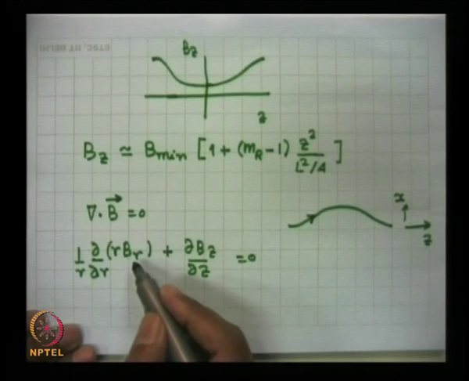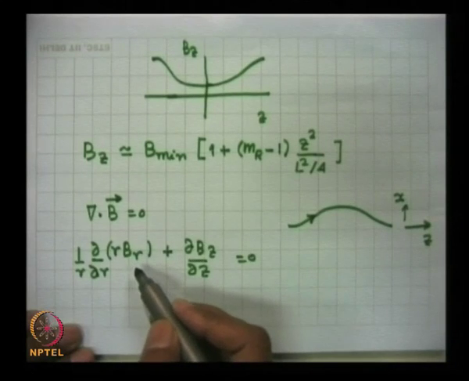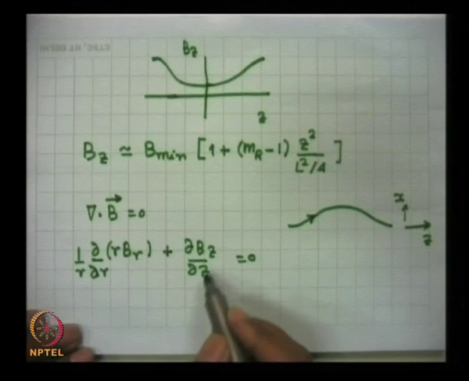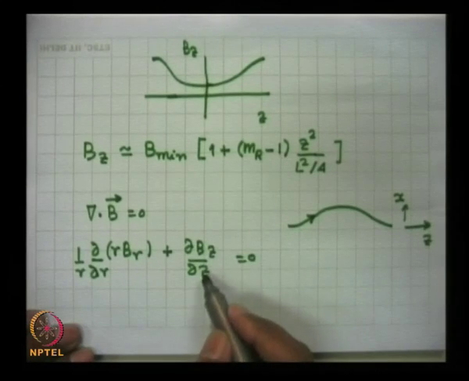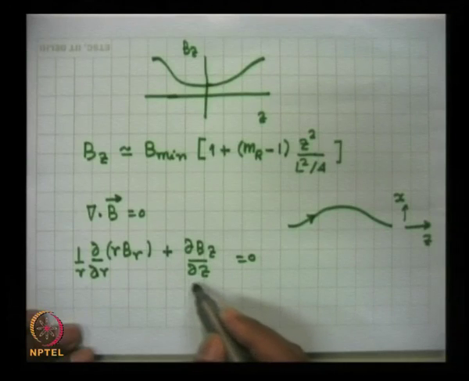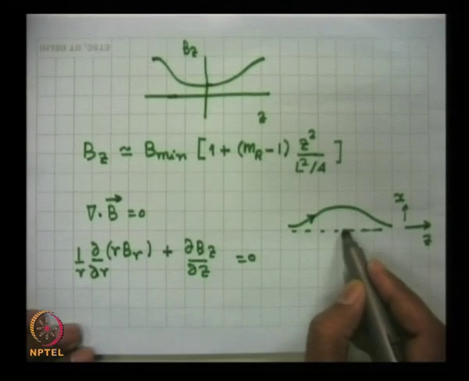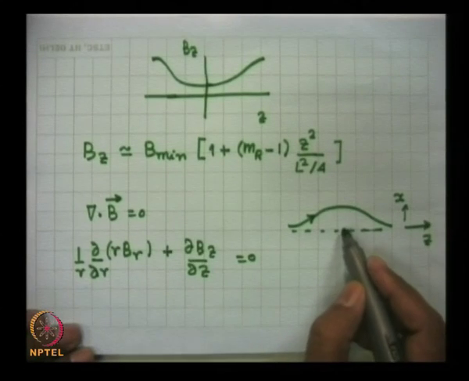I mentioned to you that evaluation of Br from Biot-Savart's law is a little complicated. However, if I use this equation, it is easy. If I recognize that del Bz by del z may be treated as some sort of a constant near the axis of the machine, so this is the center of the plasma, and I want to find out magnetic field away from the axis.